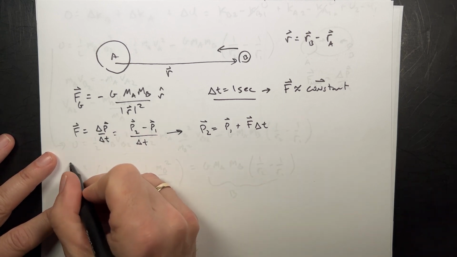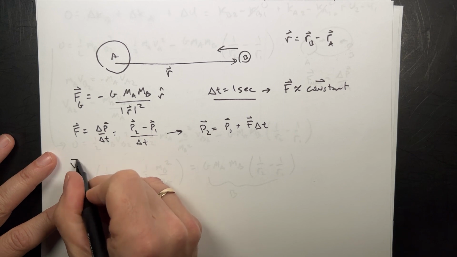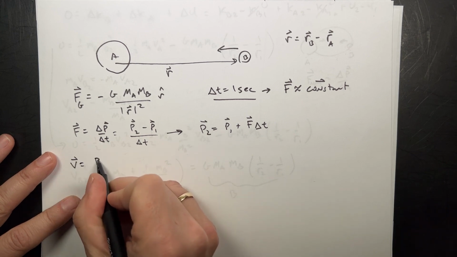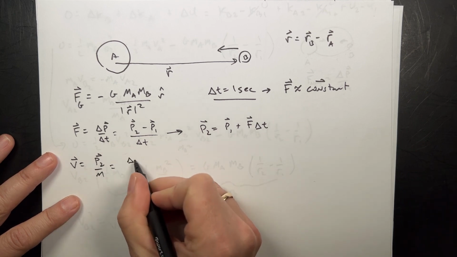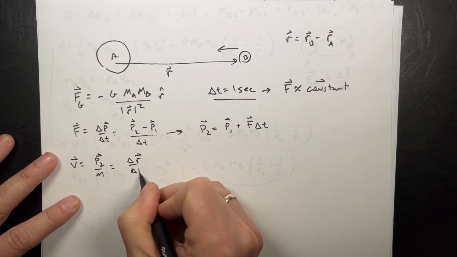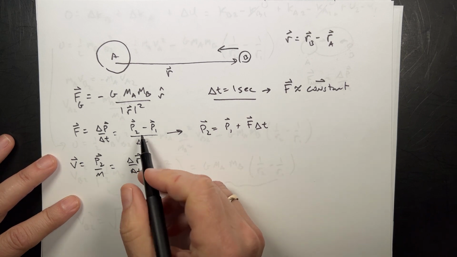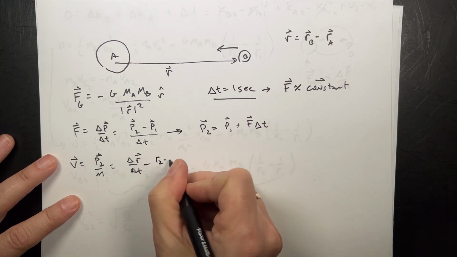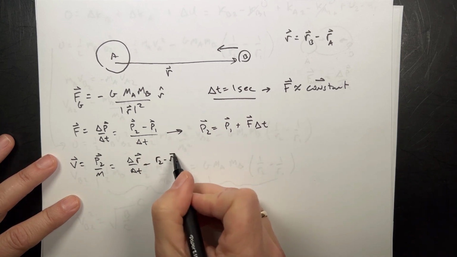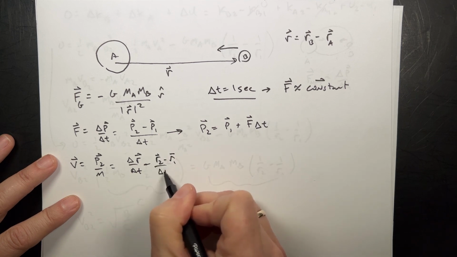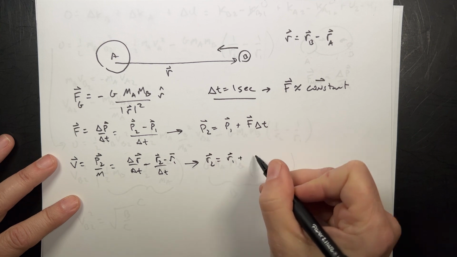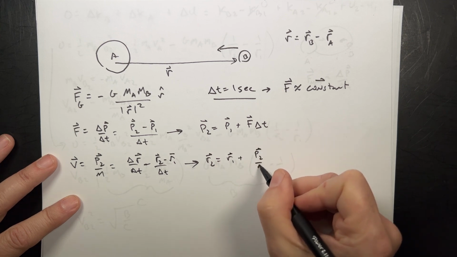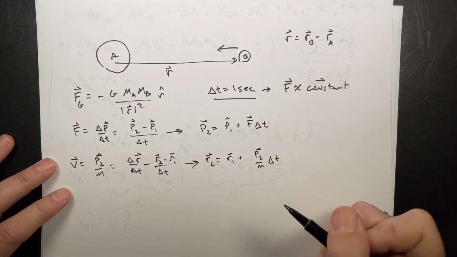I can say v is equal to P2 over m, the momentum, and that's going to be equal to delta r over delta t. So if I do the same thing, that's really R2 minus R1, and this is just for B, over delta t. I get R2 equals R1 plus P2 over m delta t.